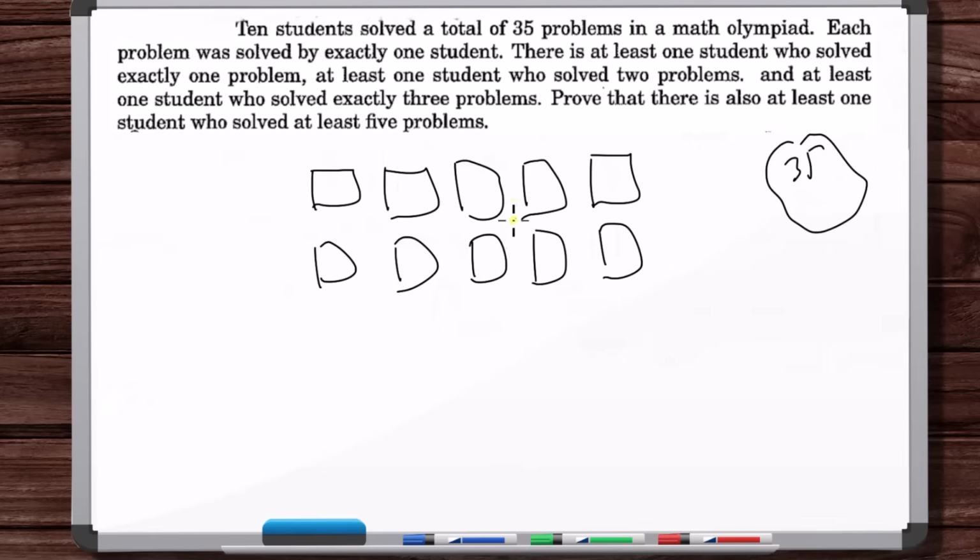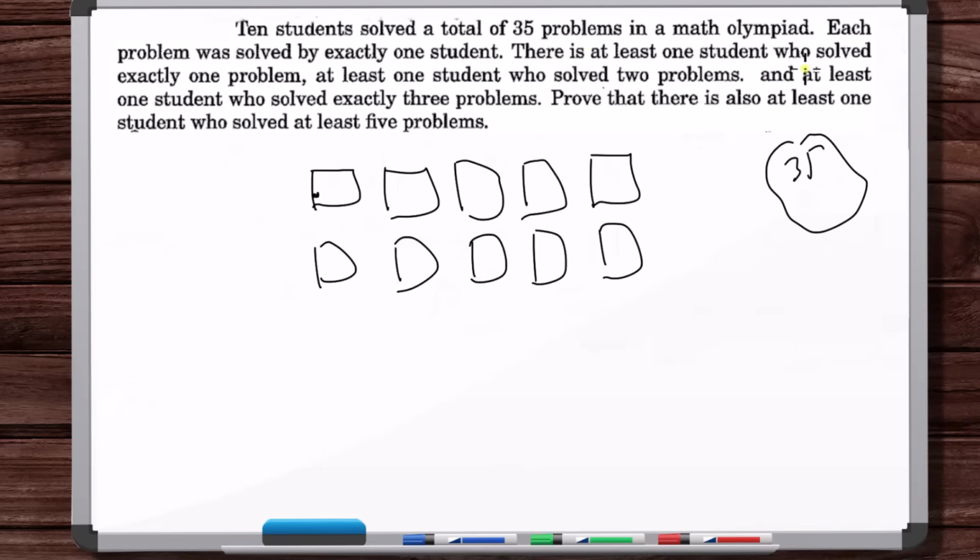Each problem was solved by exactly one student, so you don't have 2 students working on the same problem. That's just saying that each pigeon goes into one and only one pigeonhole. It doesn't get split up or anything.